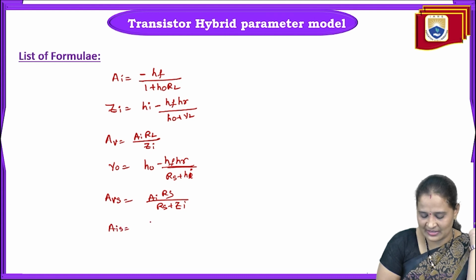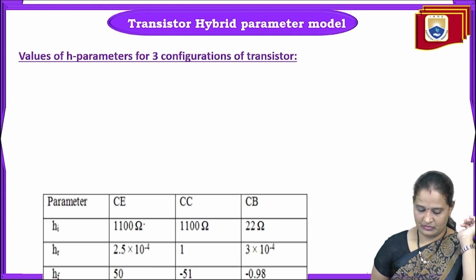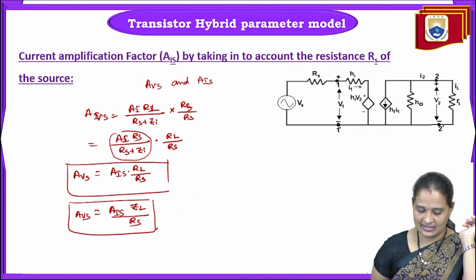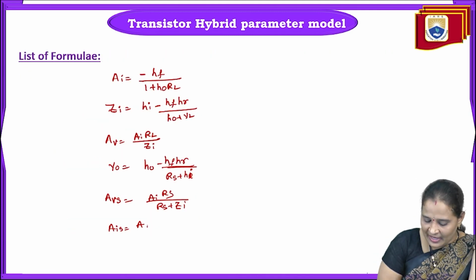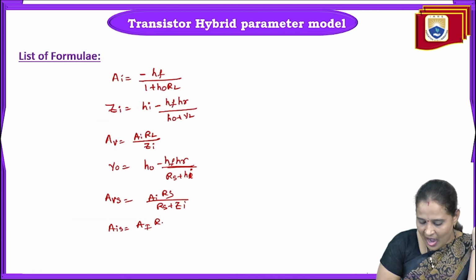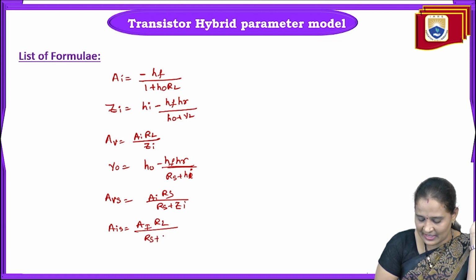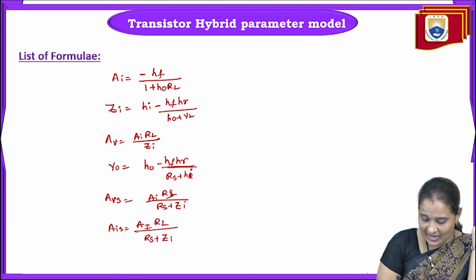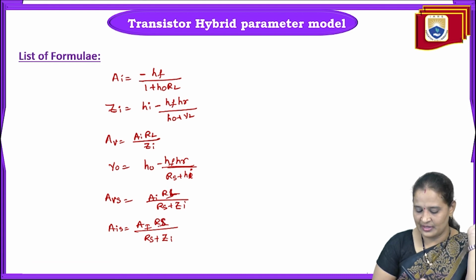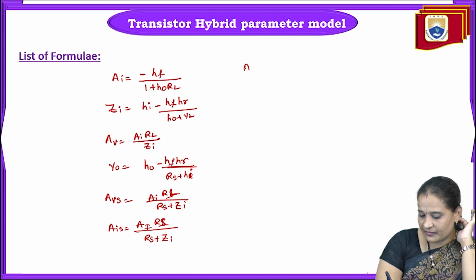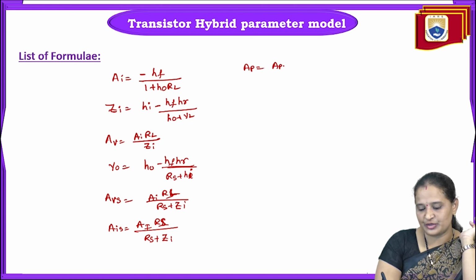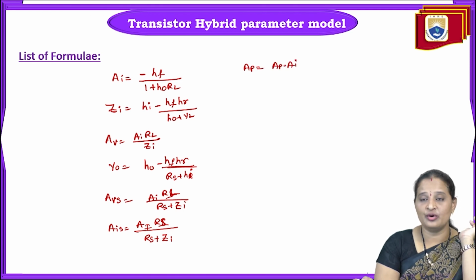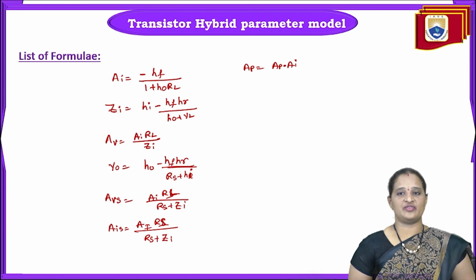Similarly, AIS is equal to AI into RL divided by RS plus ZI. This is RL, this is RS. And similarly, the power gain is AP equals AV into AI. These are all the formulas which we have derived.